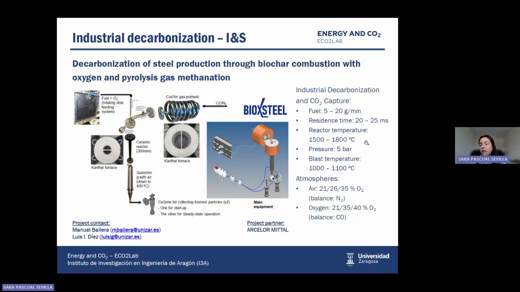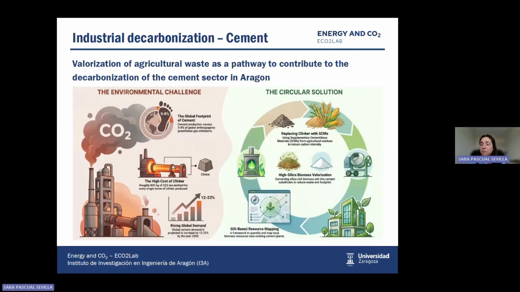We have here the conditions of the fuel residence time, the temperature, and the pressure of this reactor. And I want to highlight that this project has the support of ArcelorMittal, which is a project partner and has wide expertise in steel production around the world, demonstrating the strong industrial orientation of this project.